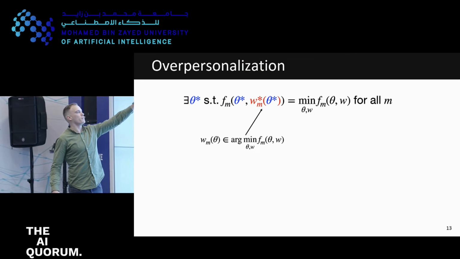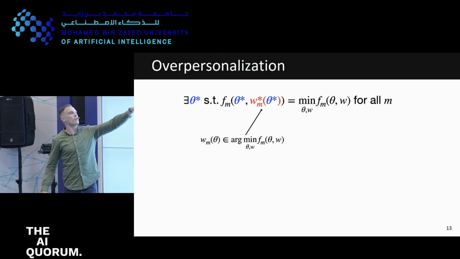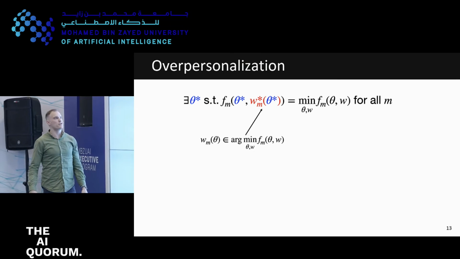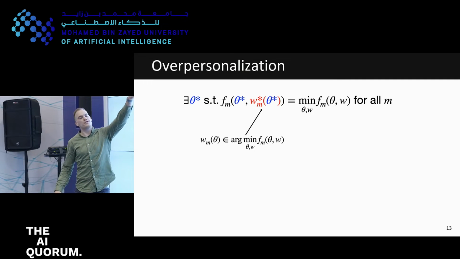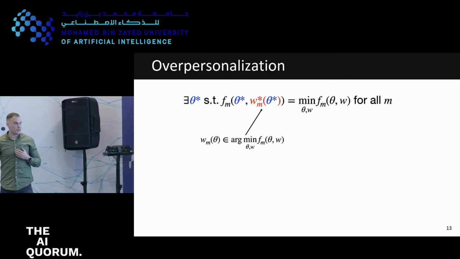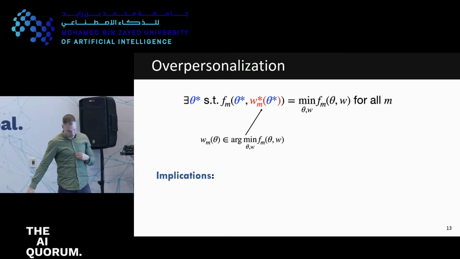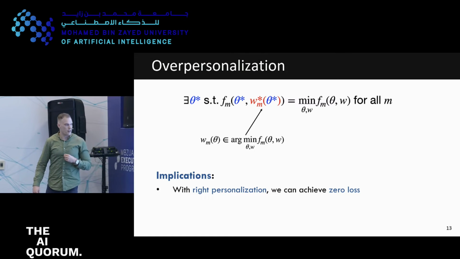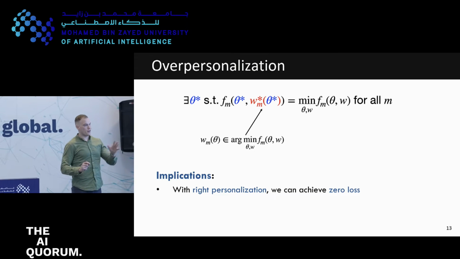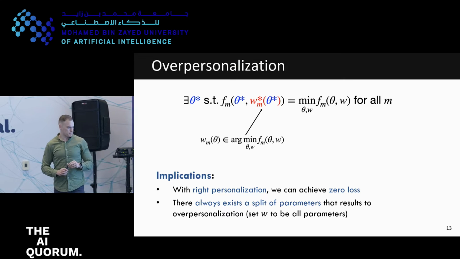Then if we properly solve this local adaptation, we assume that there actually exists such a global model that can exactly solve the local problem at each single client. With that, the great implication is that if you get the personalization right, then you can achieve zero training loss for each client.